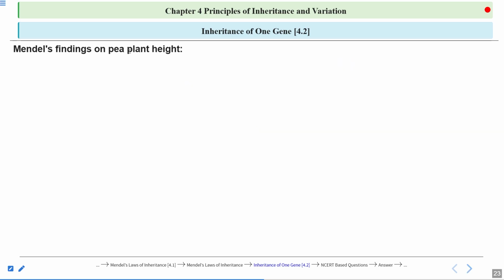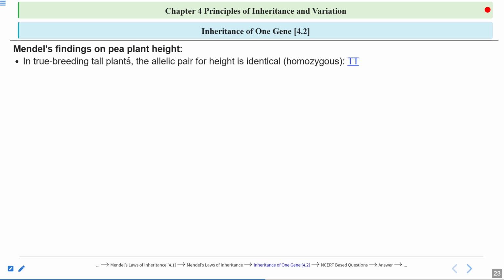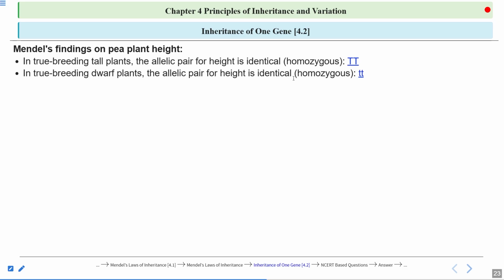Now, Mendel's finding on pea plant height. In true breeding tall plants, the allelic pair of height is identified as capital T, capital T. So this is homozygous dominant. This was observed in the F2 generation. Now, small t small t means homozygous recessive, which was also observed in the F2 generation.